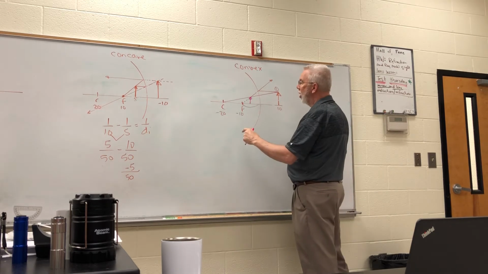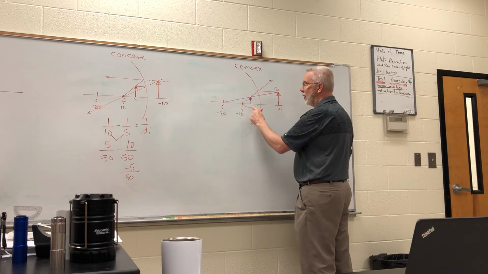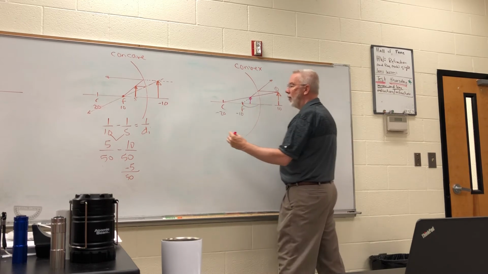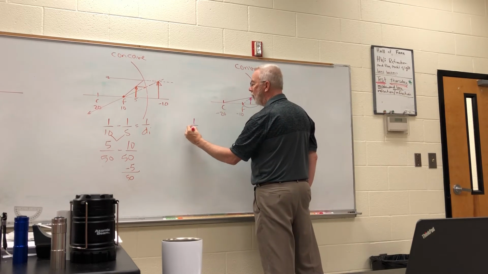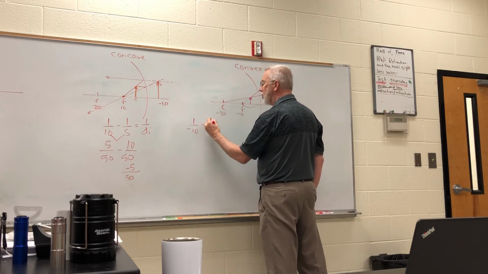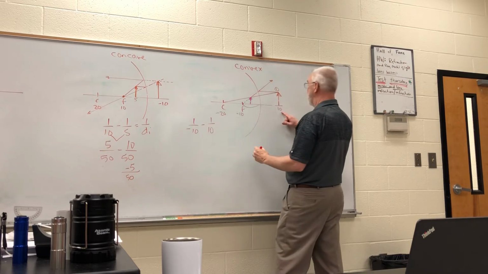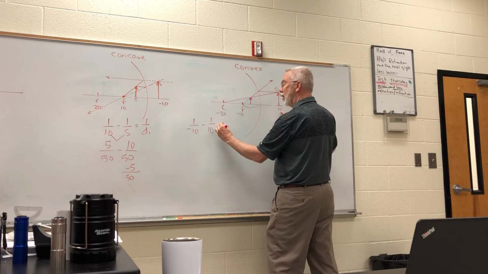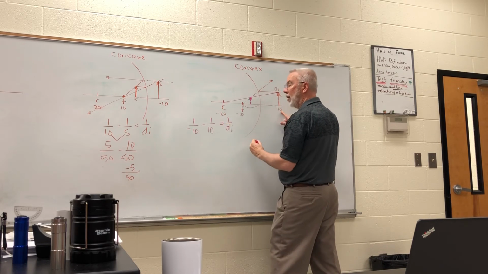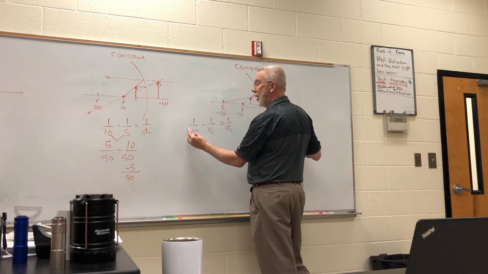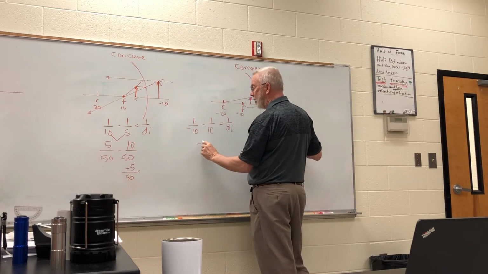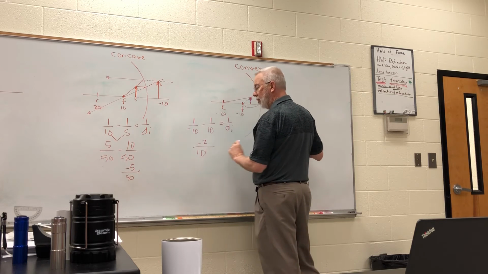Now, to show the math that goes along with this, we've got 1 over negative 10 minus 1 over 10, which is the object distance, and that's going to be equal to 1 over di. Now, don't lose this negative sign. Negative 1/10 minus 1/10 is minus 2/10.